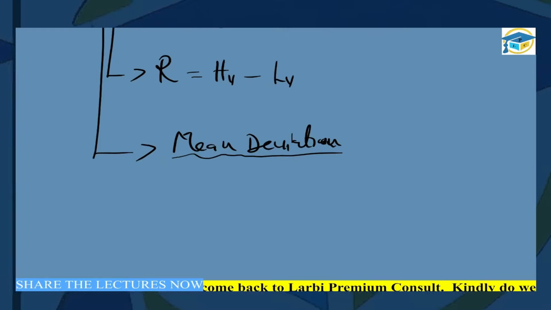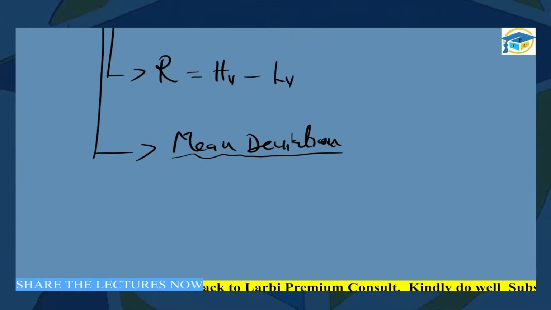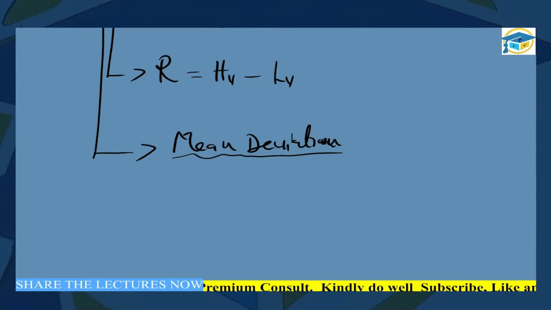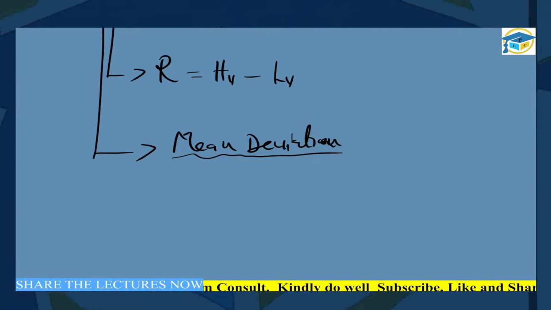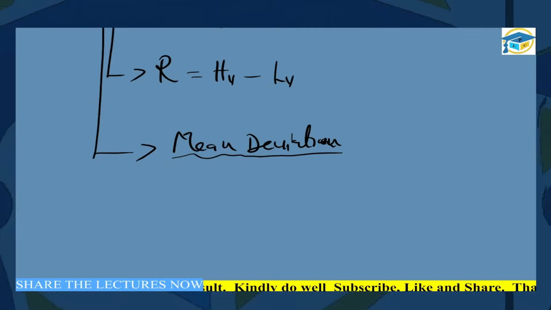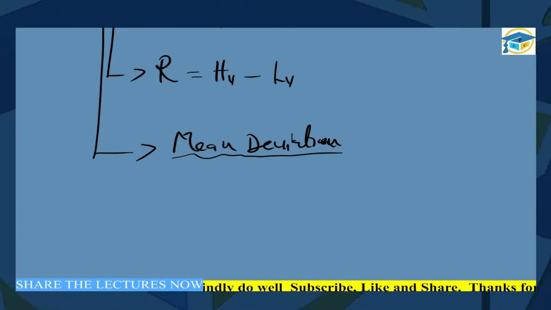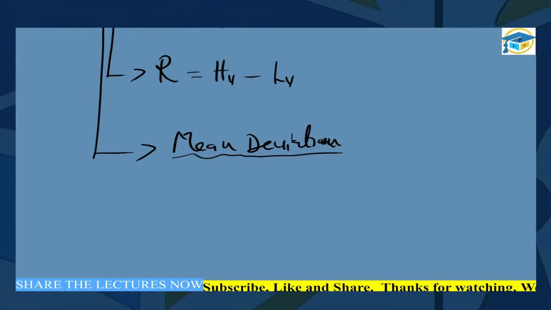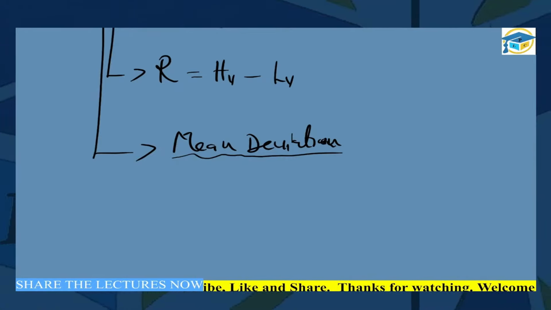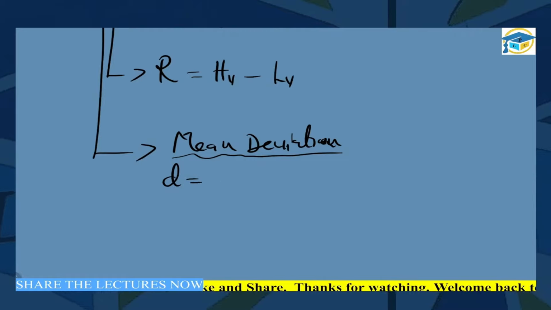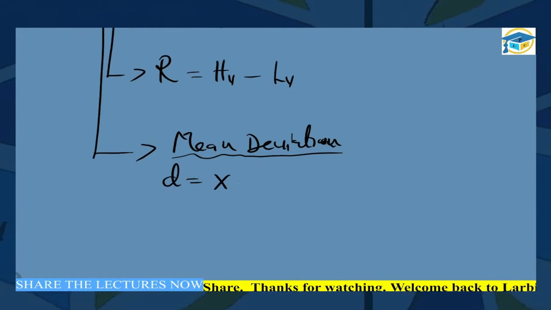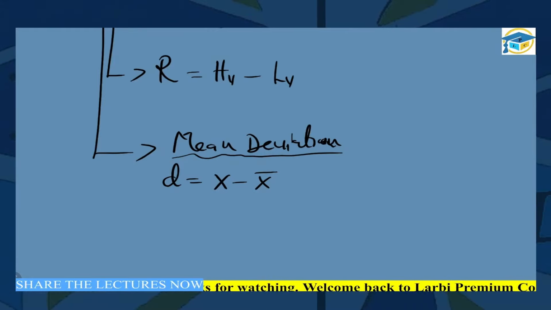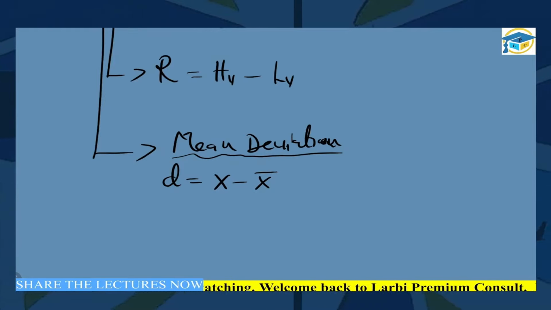Mean, right? The deviation of the data values, or the deviation of the absolute data values from its mean. That's what we call the mean deviation. Here we know how to calculate it from our idea in measures of central tendency. To calculate deviation, we always say that D should be equal to the actual data value minus the mean value.